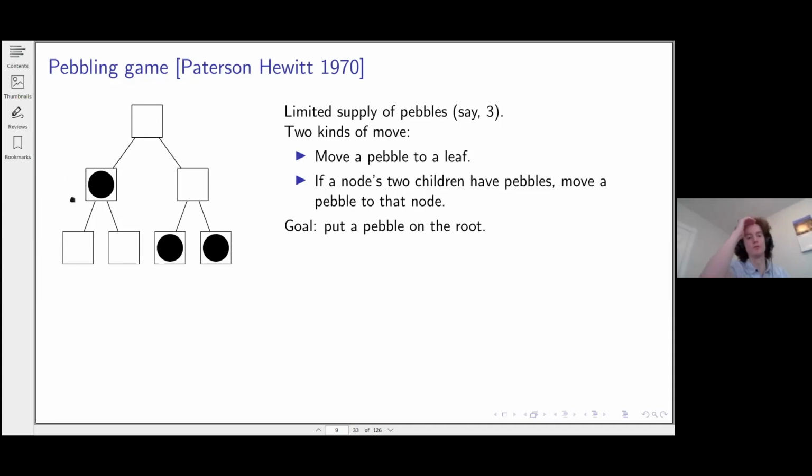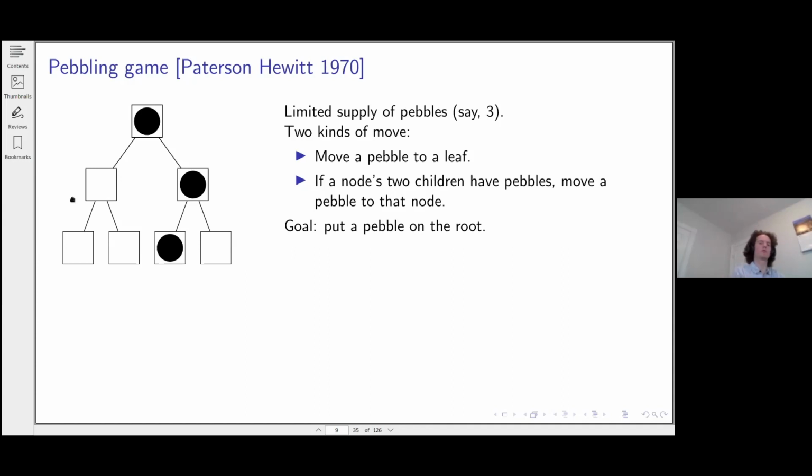Don't move that one over, because if we do that, we'll have lost all of our progress on the left side of the tree. So we can move either of the other 2 pebbles. And finally, the root node has pebbles on both of its children, and so we can go ahead and put a pebble on the root node, and we're done.